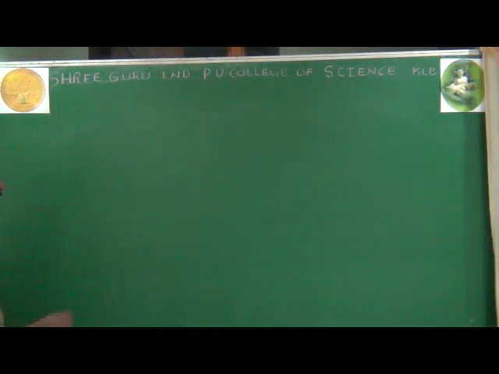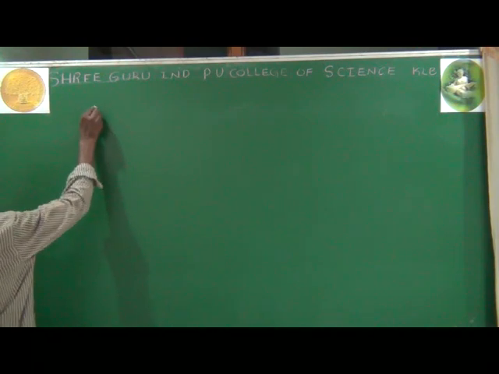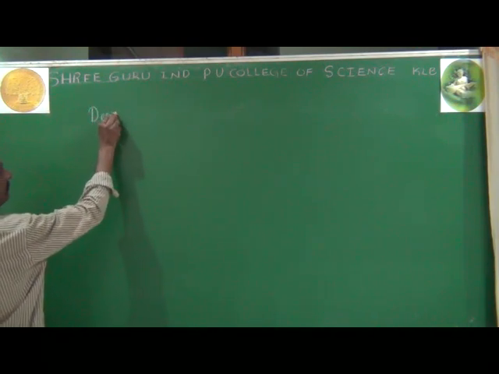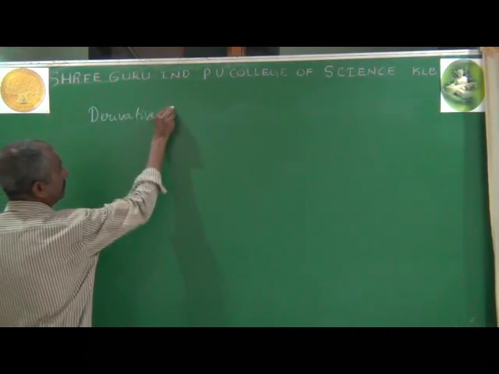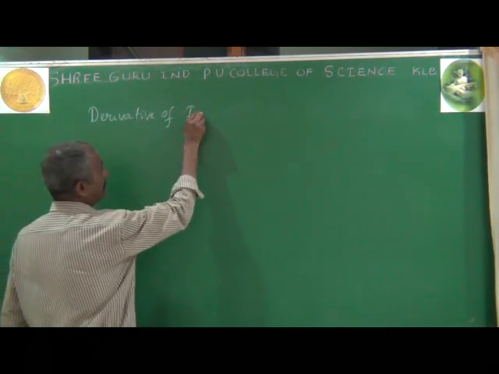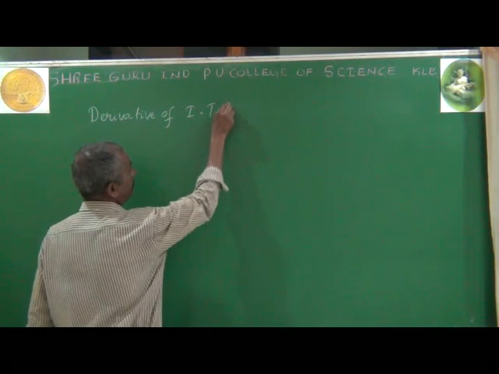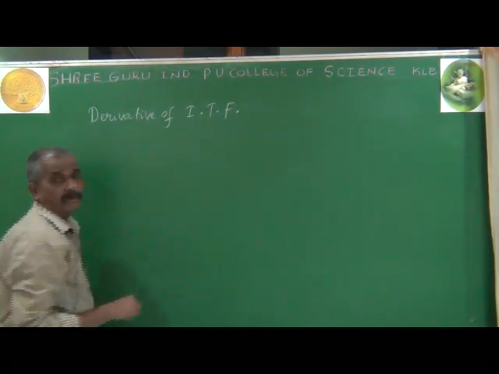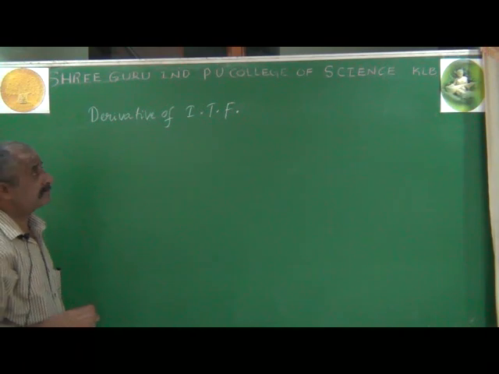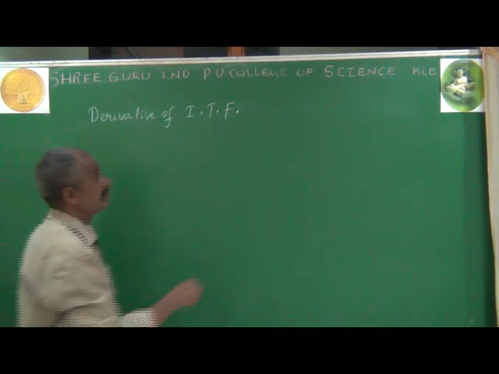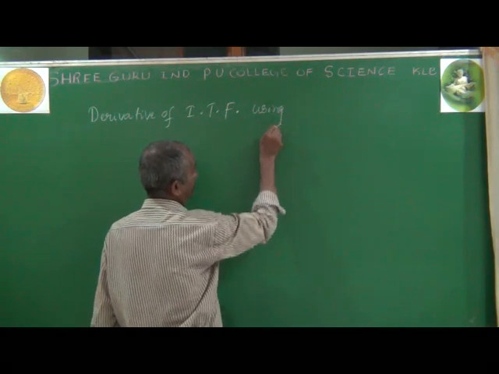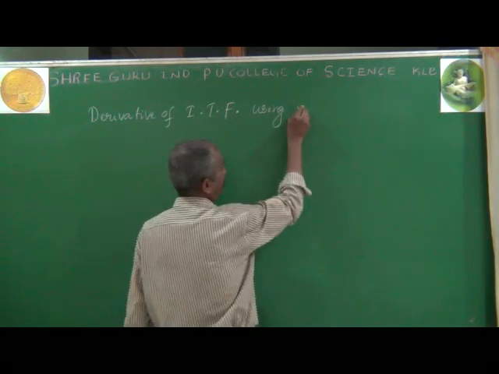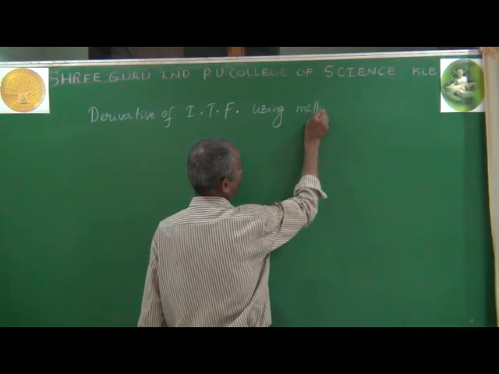So write the heading: derivative of inverse trigonometrical functions, ITF, using, or you can write by, the method of substitution.